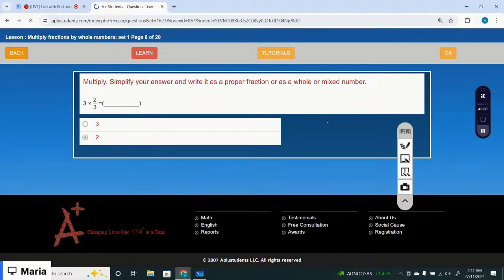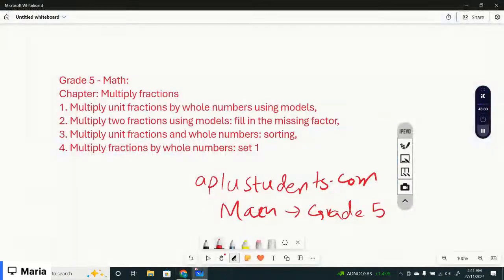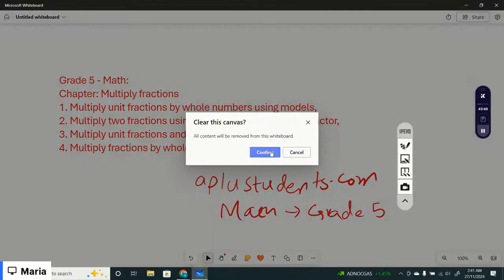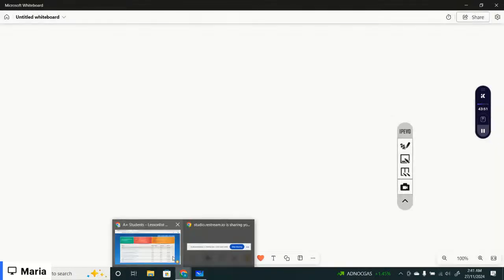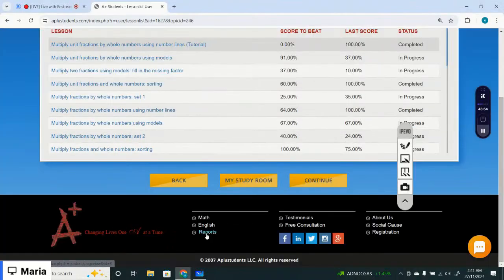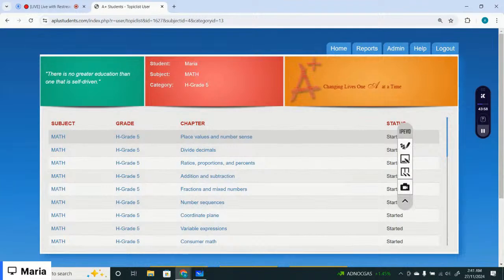The lessons we have covered today are multiply unit fractions by whole numbers using models, multiply two fractions using models, fill in the missing factor, multiply unit fractions and whole numbers sorting, multiply fractions by whole numbers set 1. So please make sure before the next session you complete all the practice questions for the lessons we just did. That is your homework until next session.